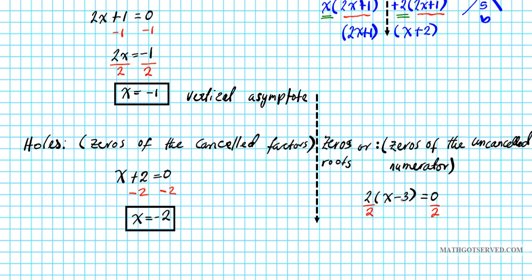Remember, never divide both sides of an equation by a variable. That will result in problems when finding the zeros. So divide by 2, and you have x minus 3 equals 0. And then to get x isolated, simply add 3 to both sides, and you have your final answer, x equals positive 3. That is the zero of this rational function.